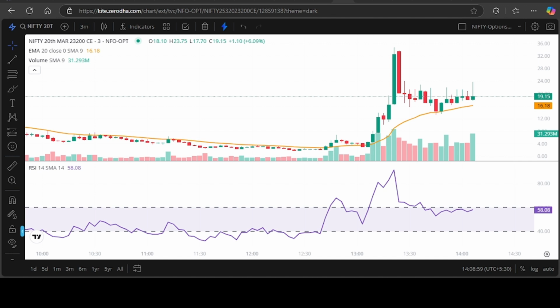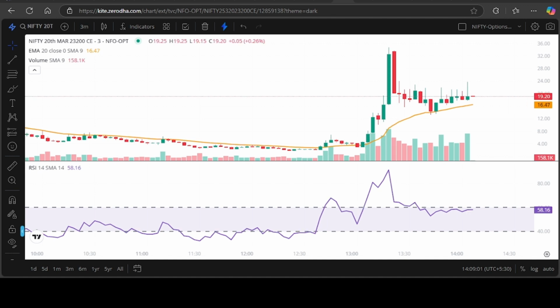It becomes zero. The LTP of each strike price becomes zero. Correct? So when the price of a contract goes to zero, that means by short selling you can make money during Thursday expiries of Nifty.